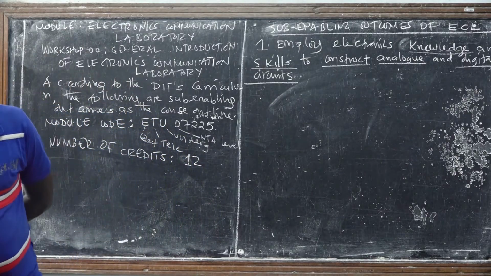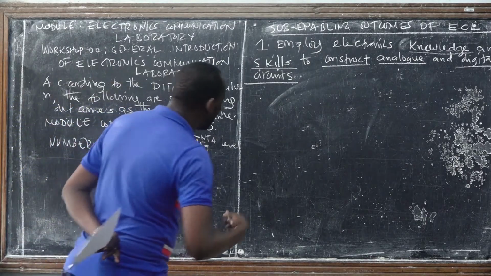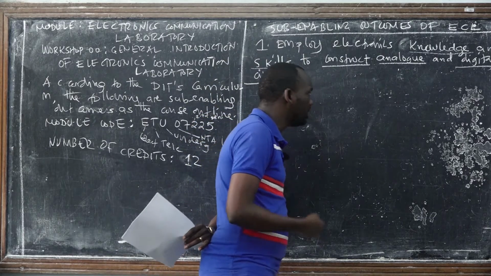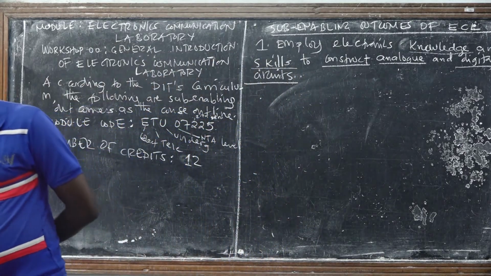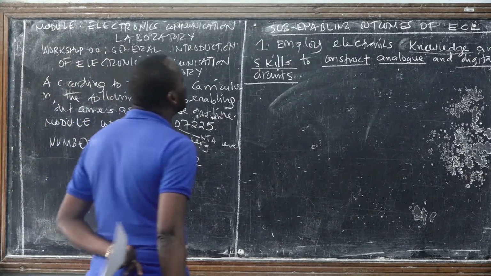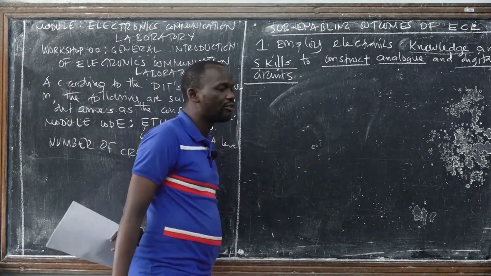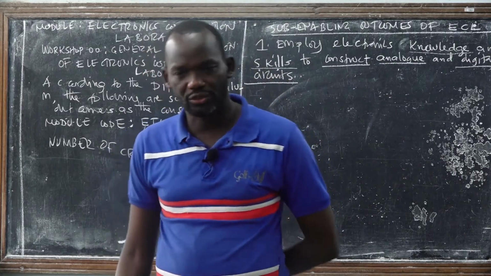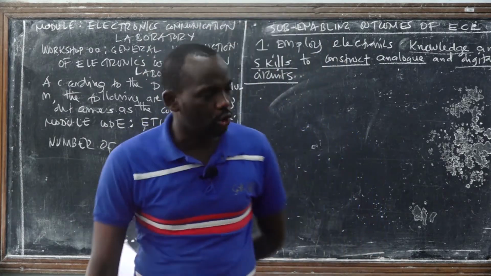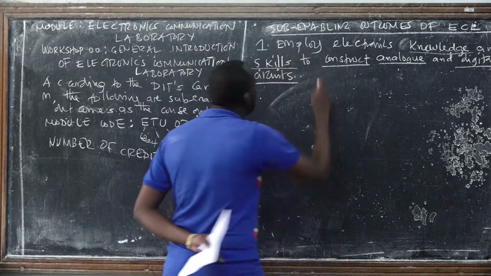Are we together? So 1, 2, 3. Remember that I'm using different teaching aids to make sure that my students grasp the concept and keep it, because at the end of this course you have to analyze yourself: how did you achieve those sub-enabling outcomes? So 1, 2, 3, let us say employ.